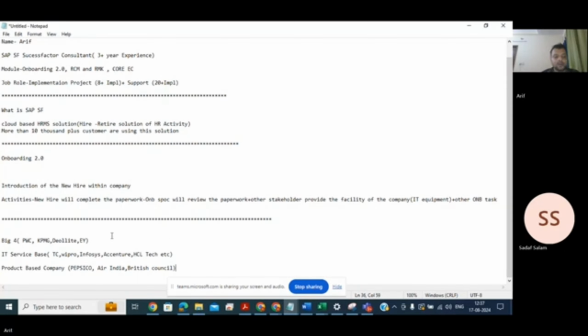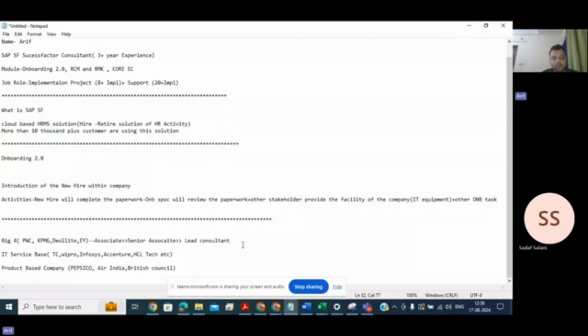Okay, so the basic positions you can start in the Big Four will be associate, then you will move to senior associate, then you will move to lead consultant.